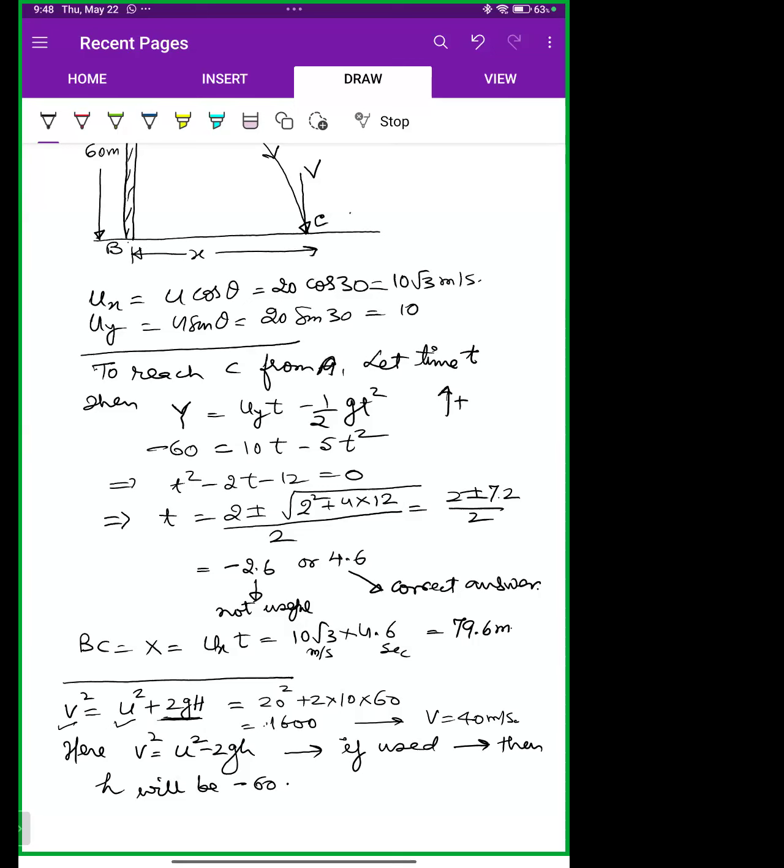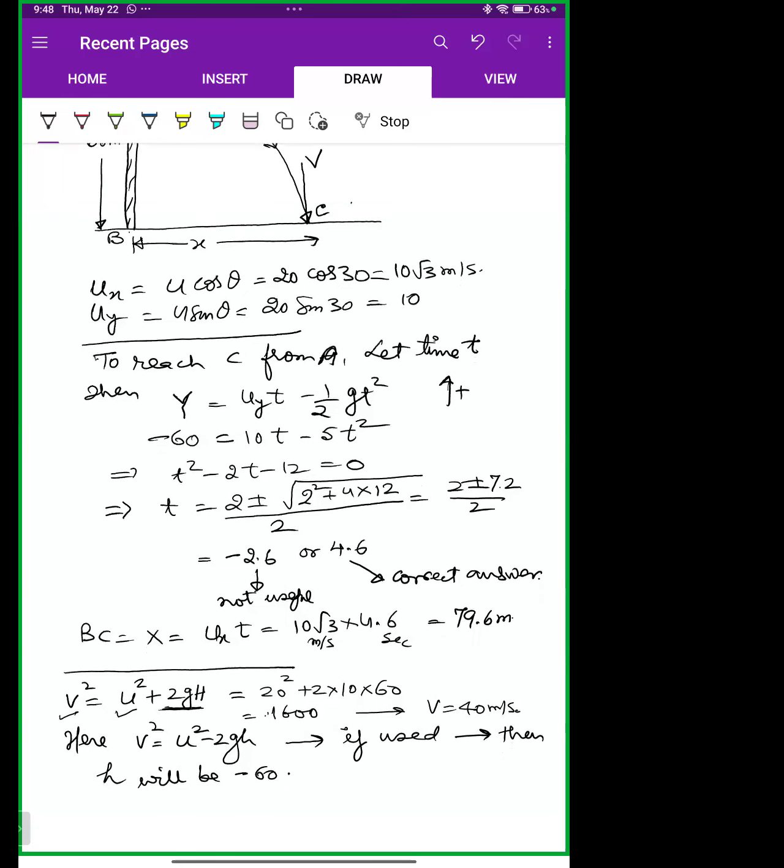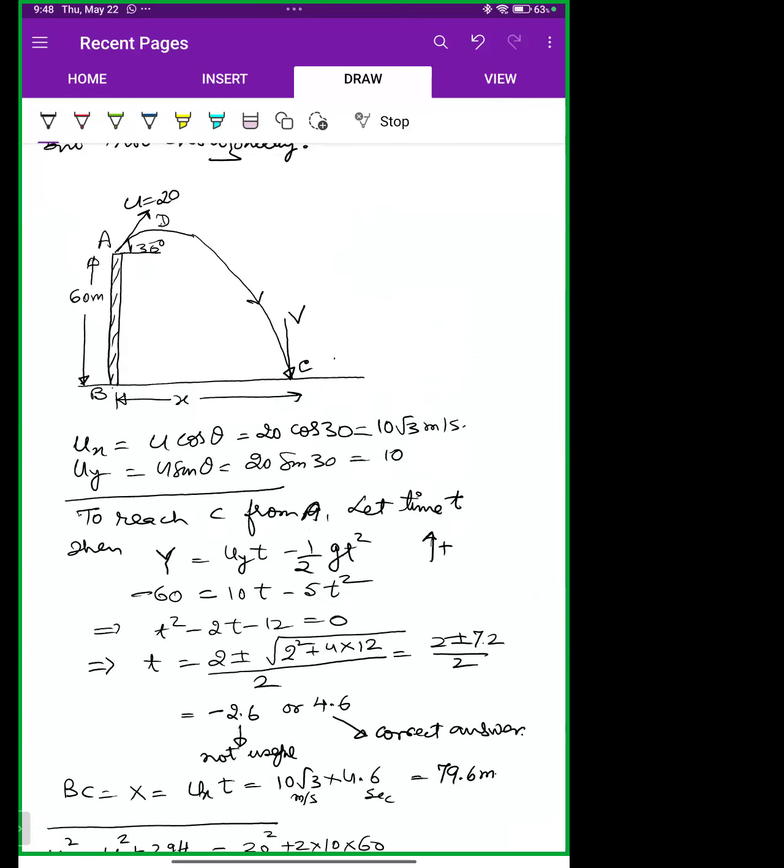You have to think whether the speed will increase or decrease. Certainly the speed will increase when the projectile has reached a lower level. So sometimes when this confusion comes, just don't worry. Use the formula: V square is greater than U square, and that will be possible only when V square is equal to U square plus 2GH.